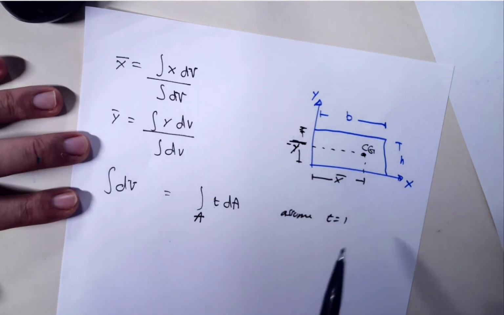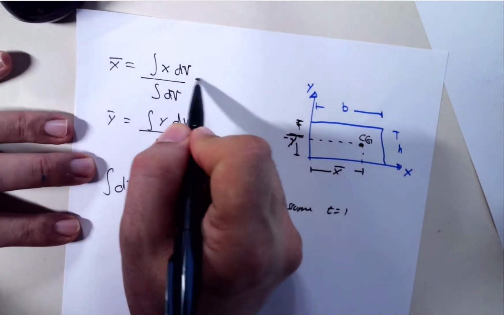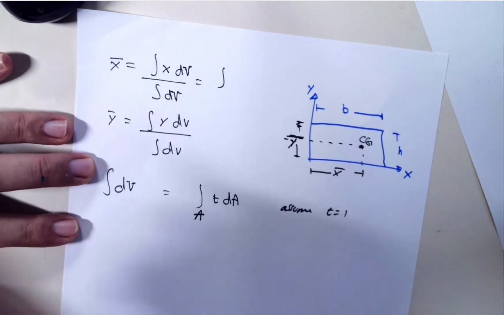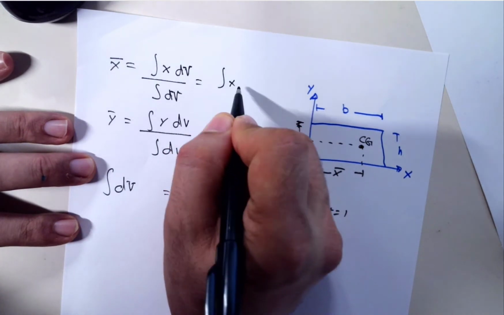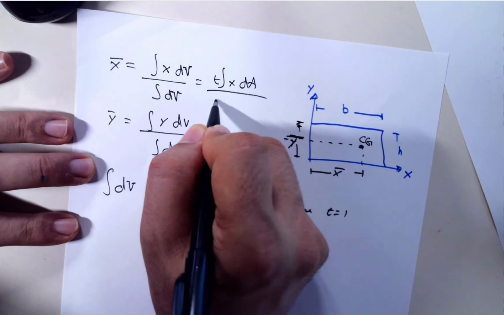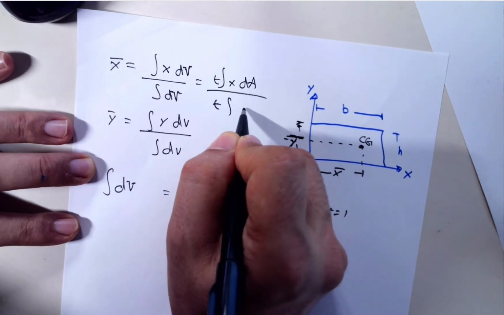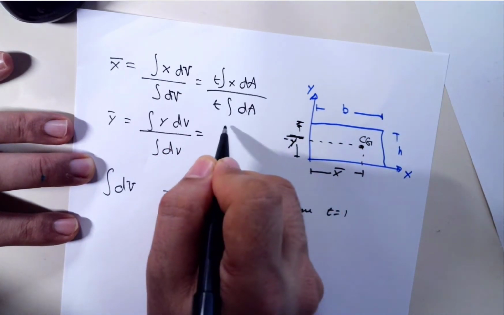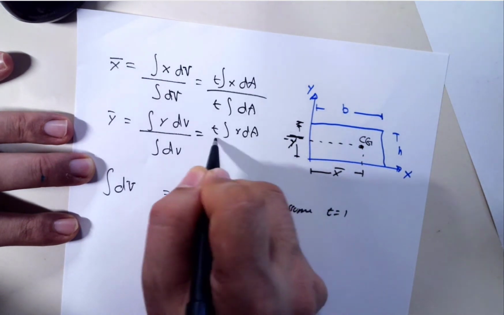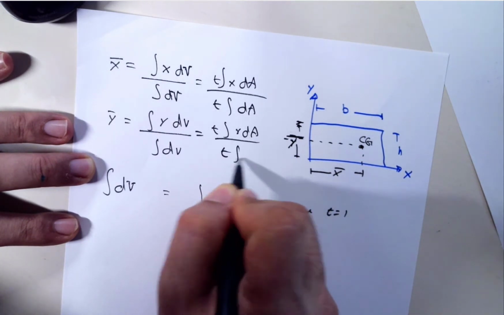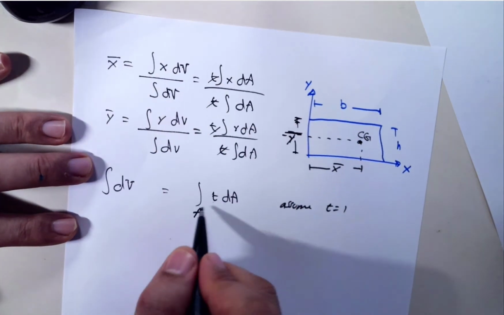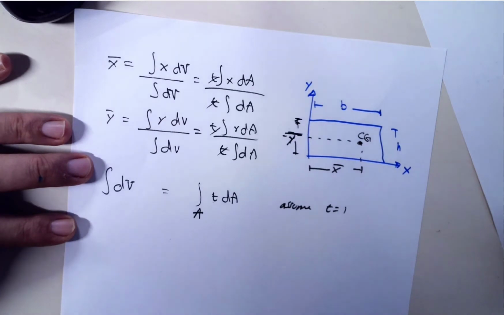But if you don't feel comfortable saying that, I can go back to my formula and say, okay, for a 2D problem, this is x t dA over t dA, and similarly y t dA over t dA, right? The t cancels, so it becomes just integration with respect to area.